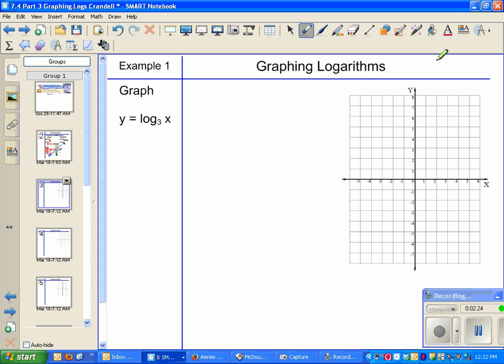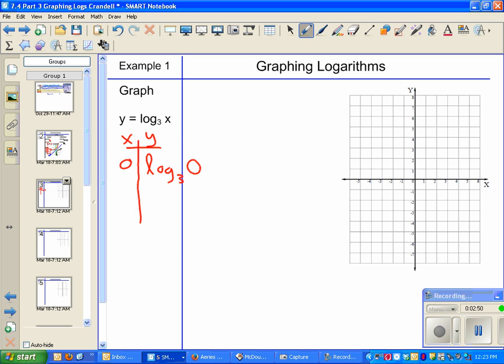All right, so we're going to do graphing log base 3 of x. And so let's see. Let's try to plug in some numbers. What numbers do you want to choose? Good, 0 is a good one. So let's try that. Log base 3 of 0. Yeah, we can't do that, and we actually can't take log of 0.